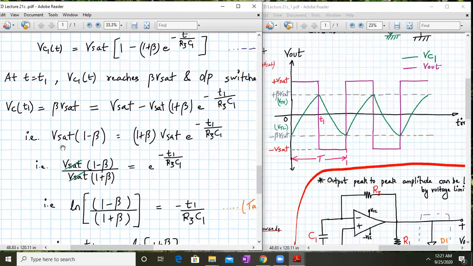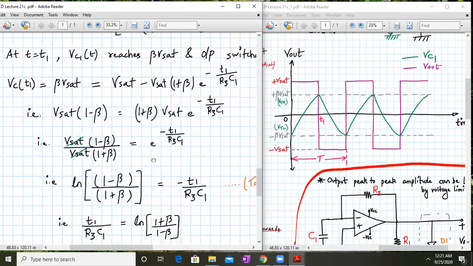So it will become Vsat into (1 minus beta) is equal to (1 plus beta) times Vsat into e raised to minus T1 upon R3 into C1. So we collect the terms of Vsat, and here we divide by 1 plus beta times Vsat, putting it in the denominator. Your Vsat will get cancelled, and you get (1 minus beta) upon (1 plus beta) is equal to e raised to minus T1 upon R3 C1.